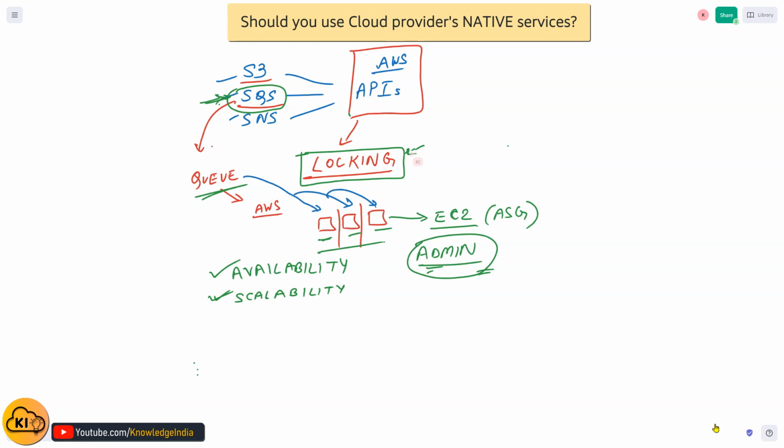The answer would be no. Please don't do that. Try and do a study and see how many times it has really happened that you move a big application from one cloud provider to another. You don't do it a lot. In the industry also it doesn't happen a lot.